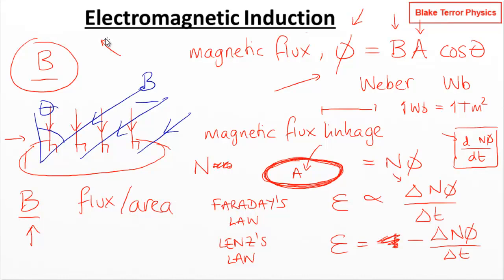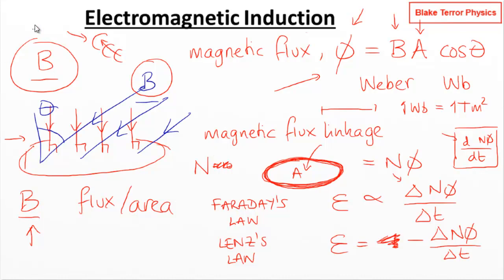That current is then going to produce its own magnetic field going around the wire according to the right-hand grip rule. So then we'll have two magnetic fields in play: our external B field, and the magnetic field associated with the induced current. These two fields need to oppose each other.